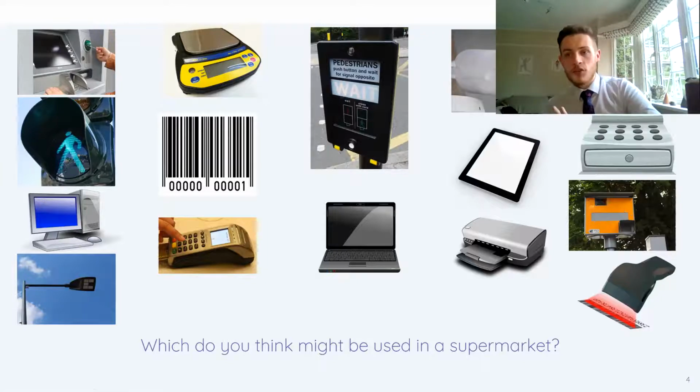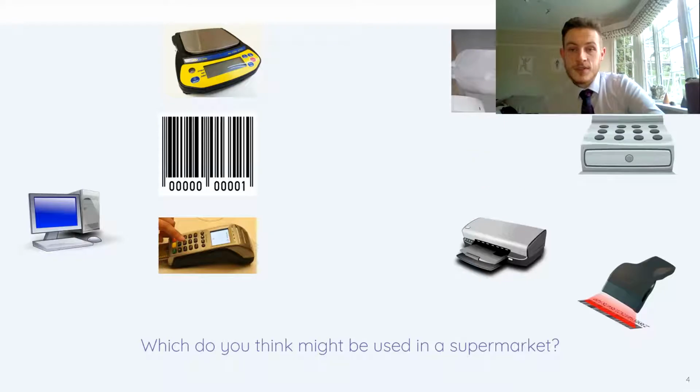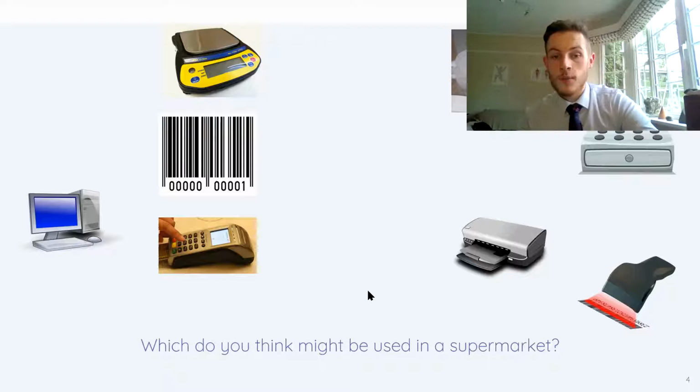Well, the main ones that you'd find used by the shop, because I guess you could use some by the customer, but the main ones that are used by the shop are these items here. Now you would see maybe a computer in there, a card machine, the barcode, a weighing scale for weighing your fruit and veg, and some security cameras to stop shoppers from maybe trying to steal things.